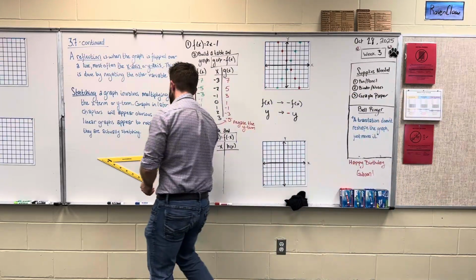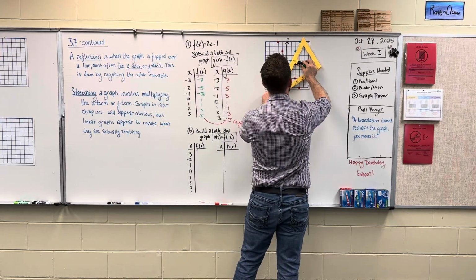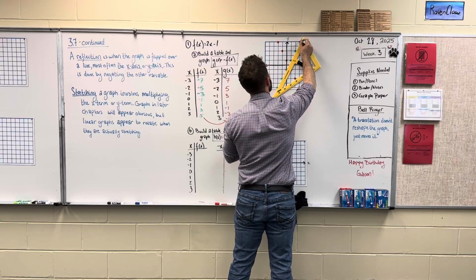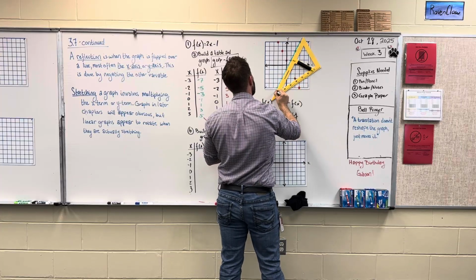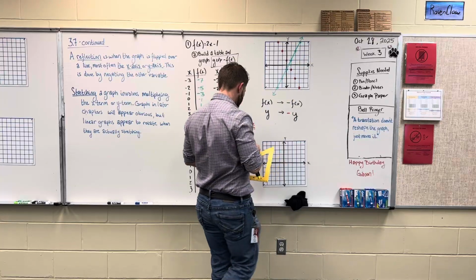So if I were to graph these with a line, this is my original graph, this right here. So I've got arrow, arrow.